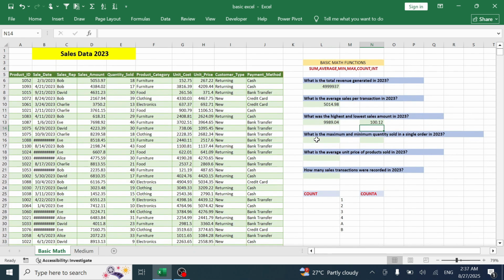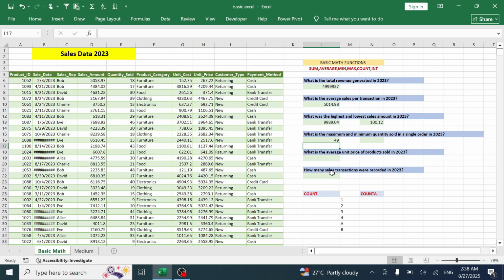The fourth question is, what is the maximum and minimum quantity sold in a single order? So here we need to calculate the maximum quantity sold and the minimum quantity sold, using the quantity sold column. Again we use the max function for maximum quantity, in the sales table with the quantity sold column, close the bracket.